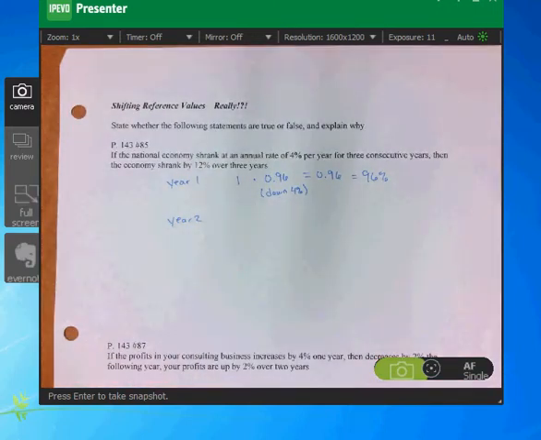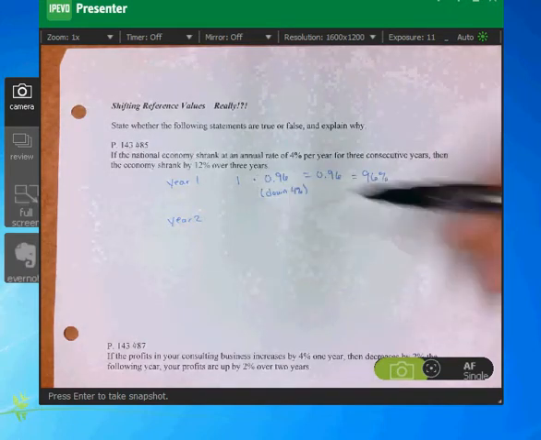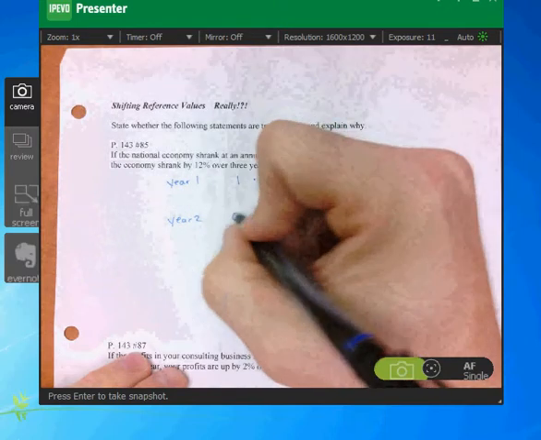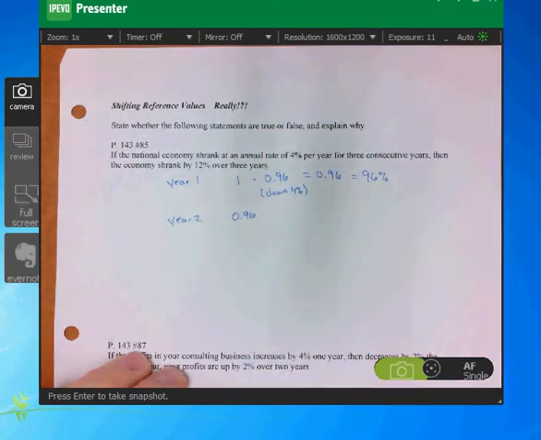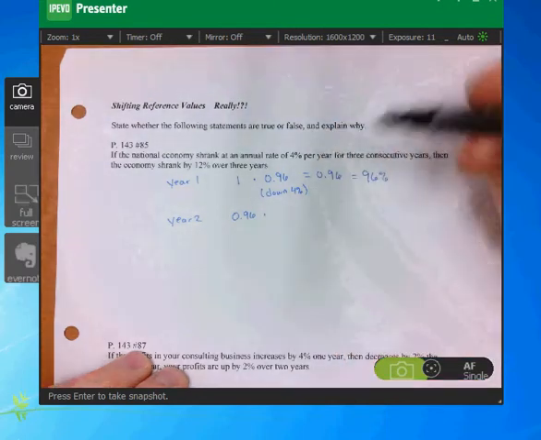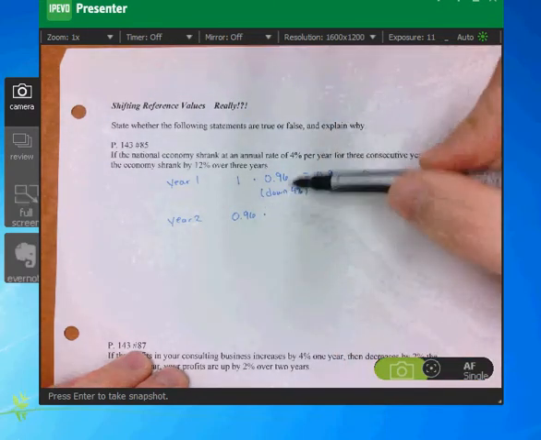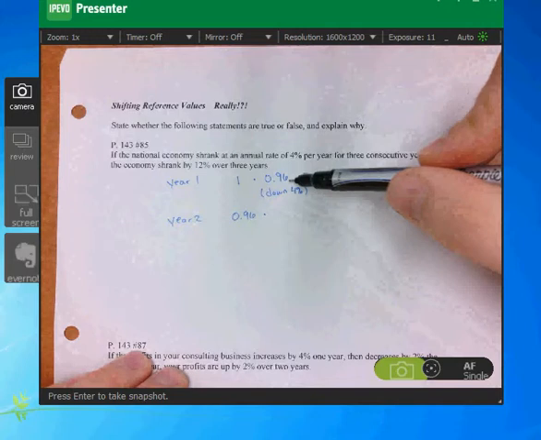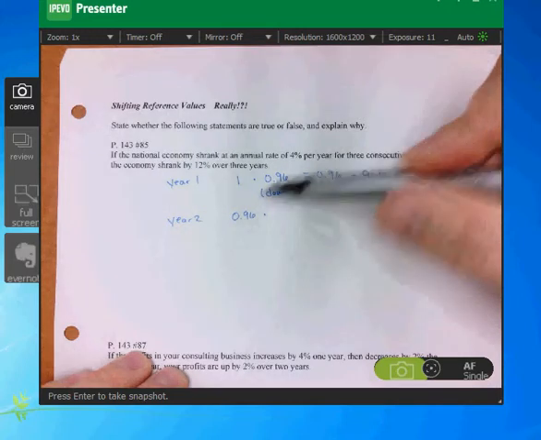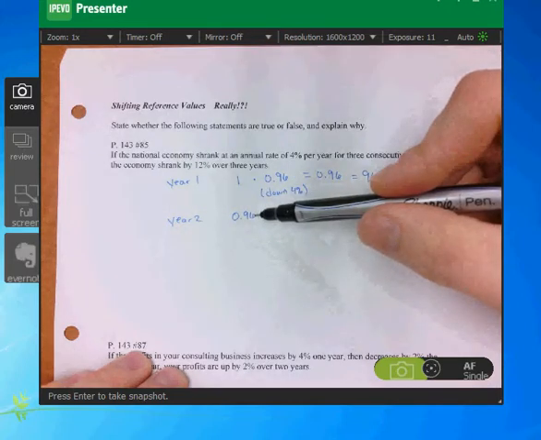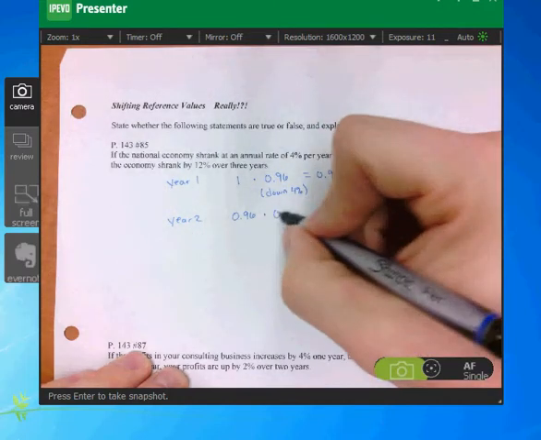Year 2, I am going to continue to drop 4%, like I said, 3 consecutive years. So now instead of being at 100%, I am at 96%. And if I'm dropping 4% from that, I have to times that by 0.96, because I'm taking 96% of my new original value.